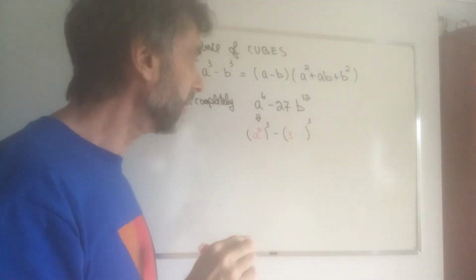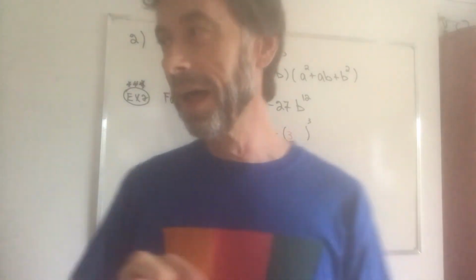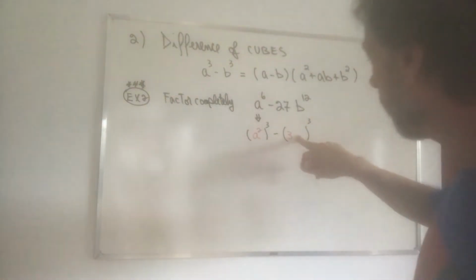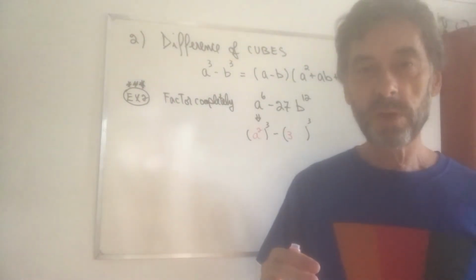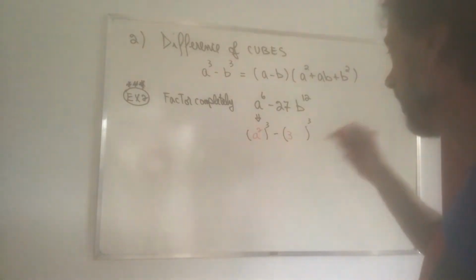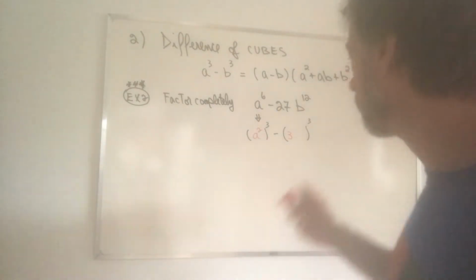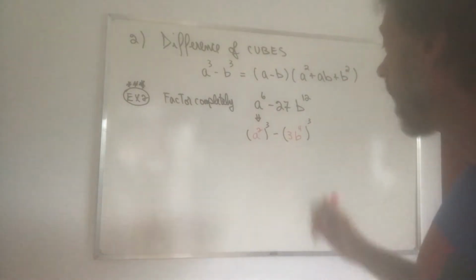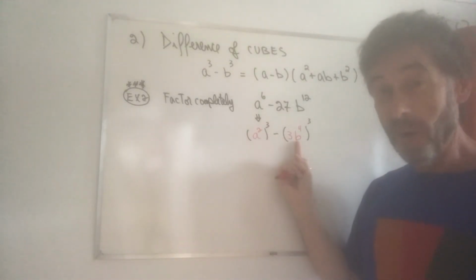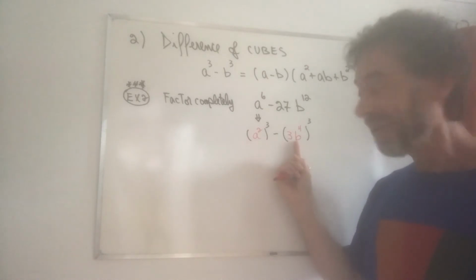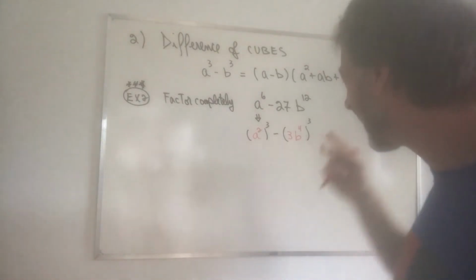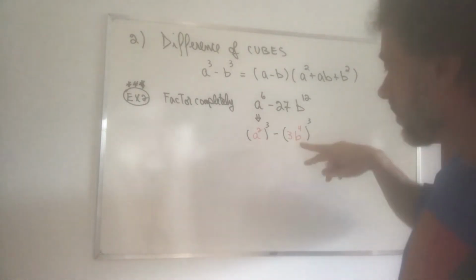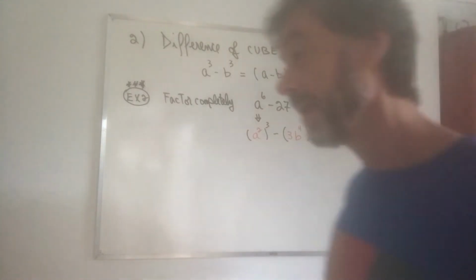As for the b^12, like the vitamin B12, what do I write here that, once I raise it to the power of 3, gives me 12? Well, what times 3 is 12? It's 4. So, 4 times 3 is 12.